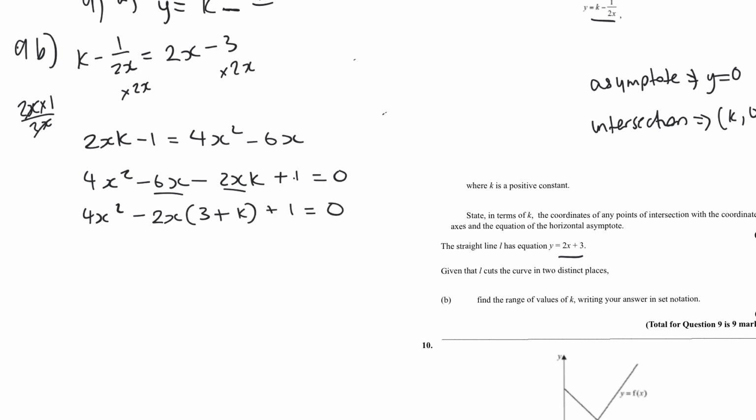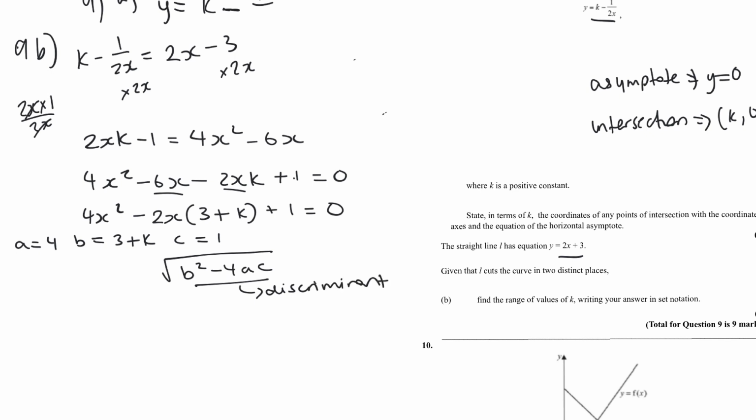So plus 1 equals 0, so then we know that now we have a quadratic. Our a value is 4, our b is equal to 3 plus k, and our c is equal to 1. So now we're going to substitute them into the quadratic formula. Specifically, we want to substitute into the root of b squared minus 4ac, because we know that part is the discriminant.